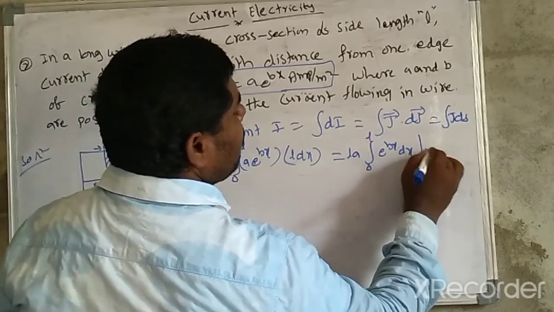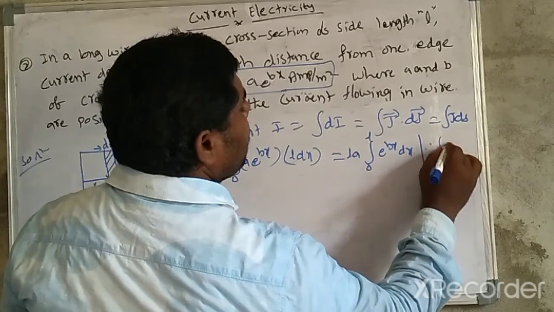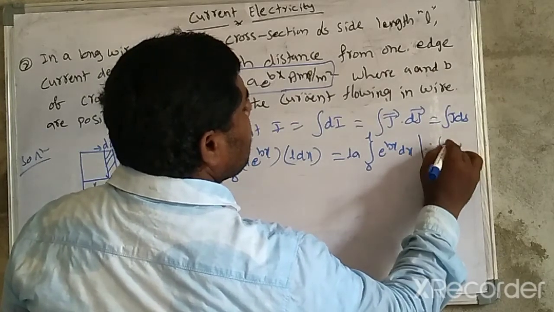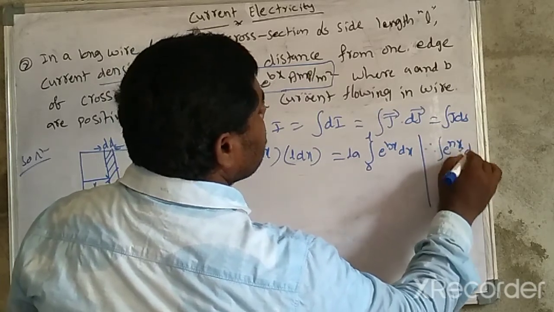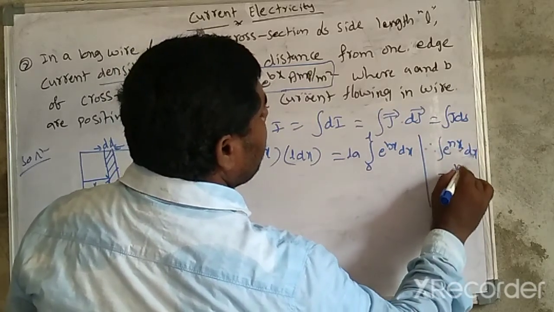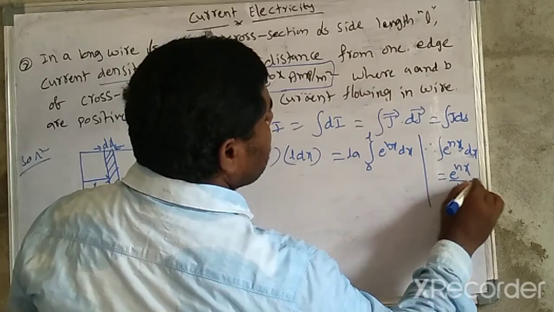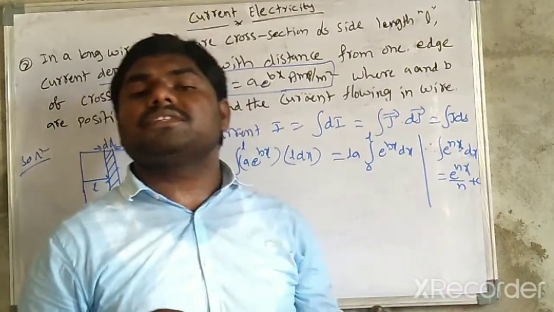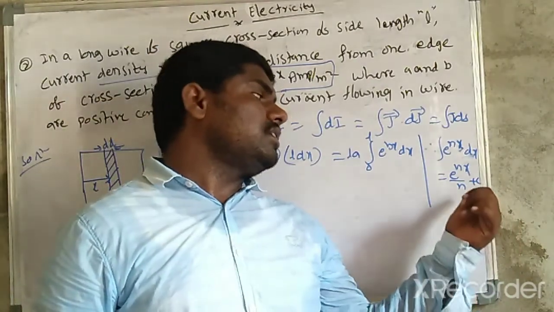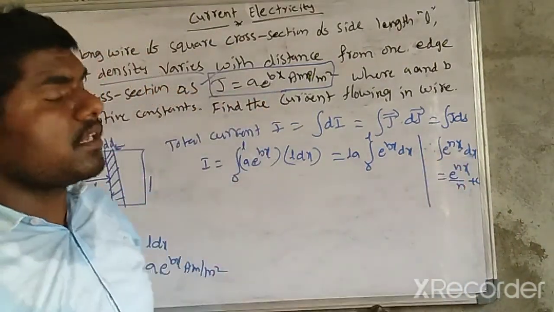Here the formula is integral e power nx dx is equal to e power nx divided by n, plus c. If limits are given, no need to write plus c. If limits are not given, you may write plus c. This is according to this mathematical tool.